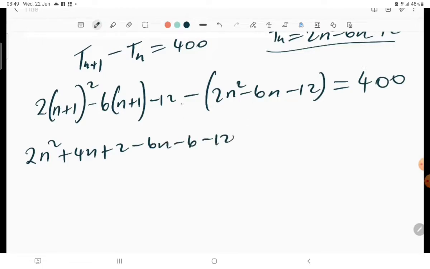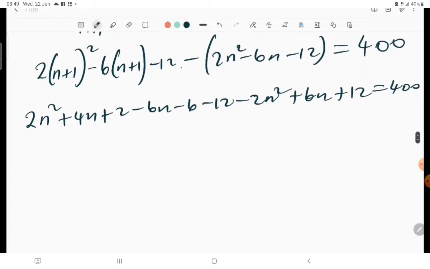Done with this one. Then I'm going to distribute the negative number: minus 2n squared, then plus 6n, then plus 12, and this is equal to 400. Let's check what is cancelling out.